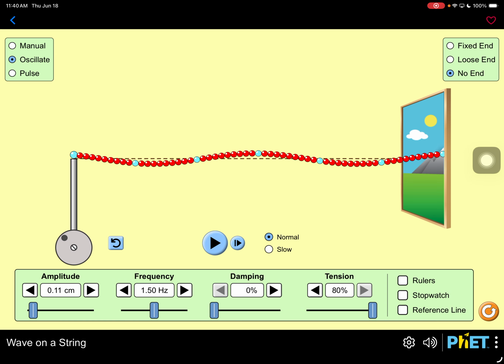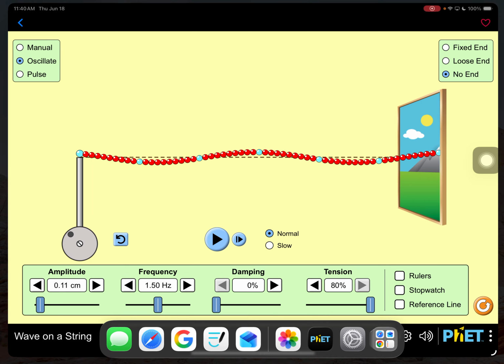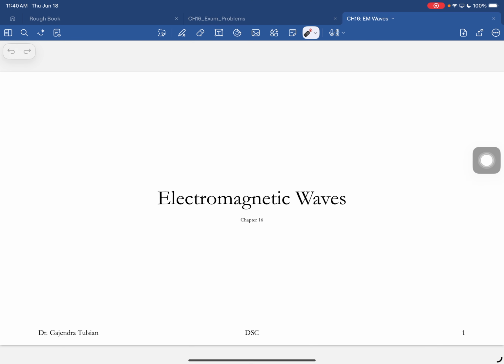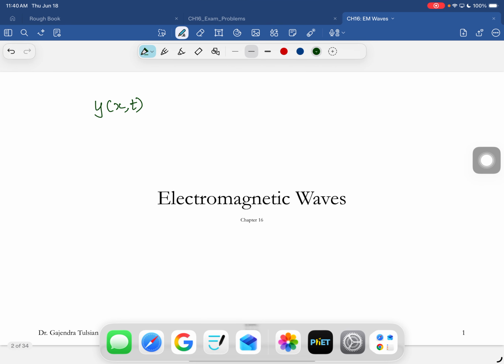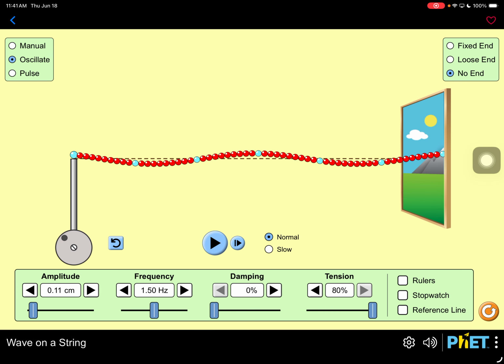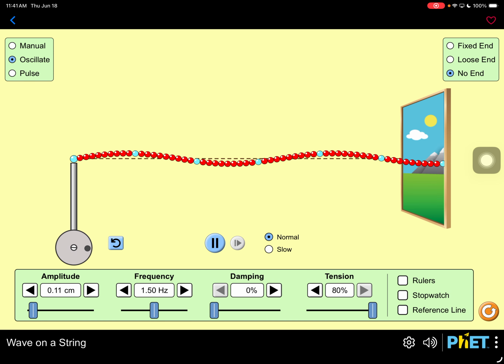And what else is it a function of? Time. So y, the position of the string, is a function of x and t. And remember, whenever we want to study a system like this, what do we do?